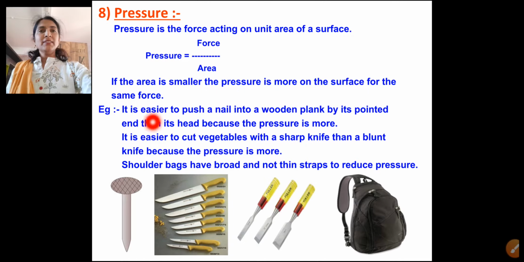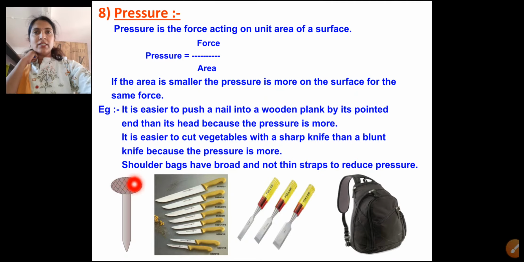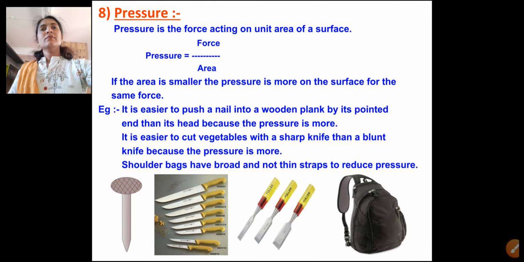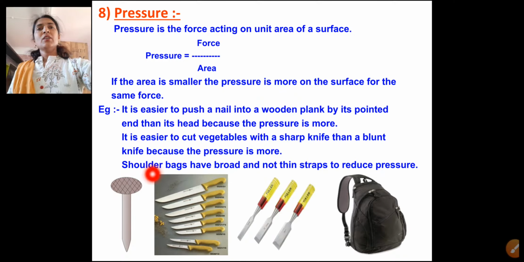Here some examples are given. Example 1: it is easier to push a nail into a wooden plank by its pointed end than its head because the pressure is more. Now this is the nail, and this is the flat part of the nail, and the downside end part is pointed.